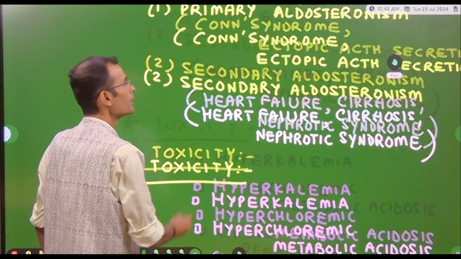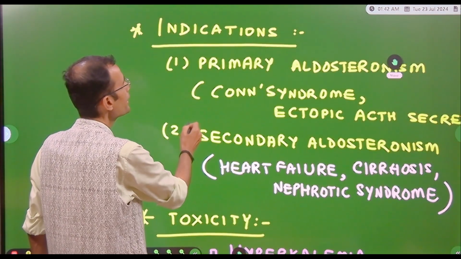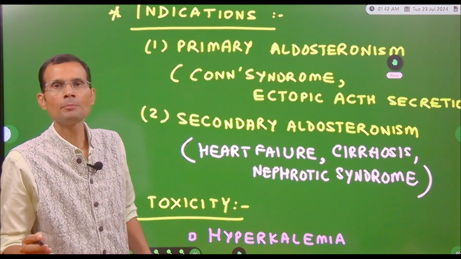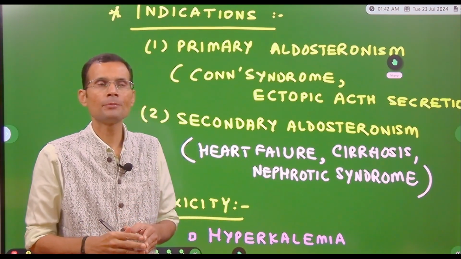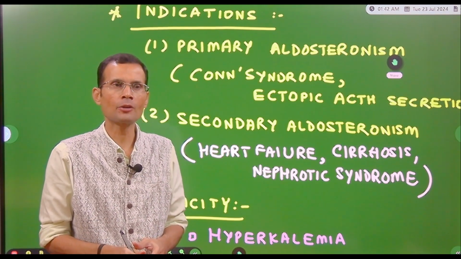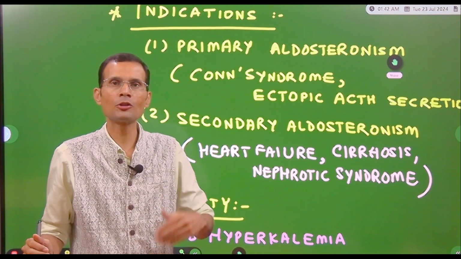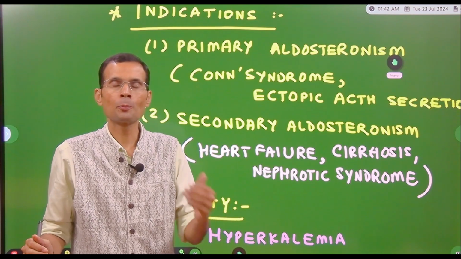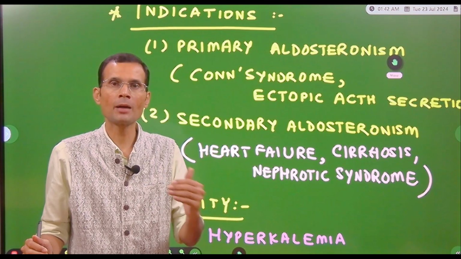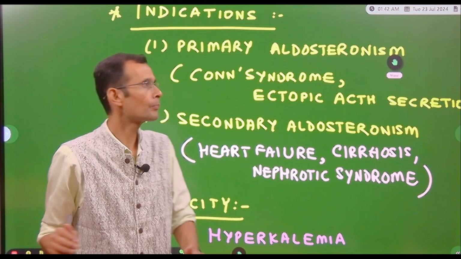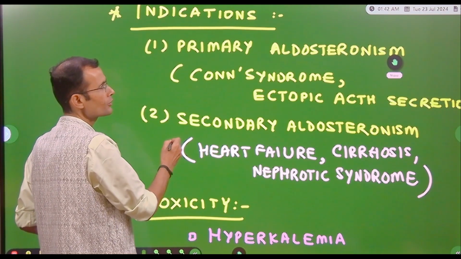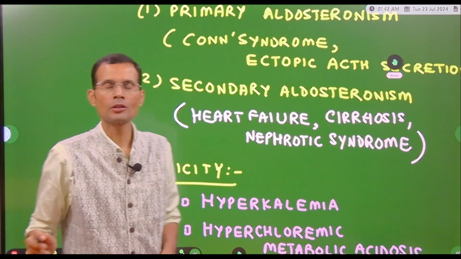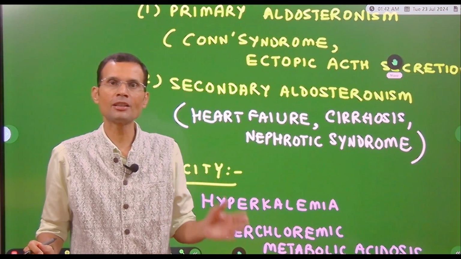All right. Finally, let's see the indications. Of course, the primary indications are wherever there is increased aldosterone effect. So primary hyperaldosteronism occurs in Conn's syndrome or conditions like ectopic ACTH secretion.